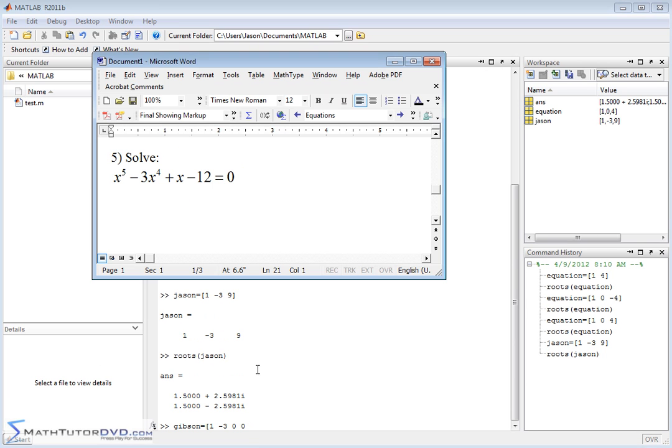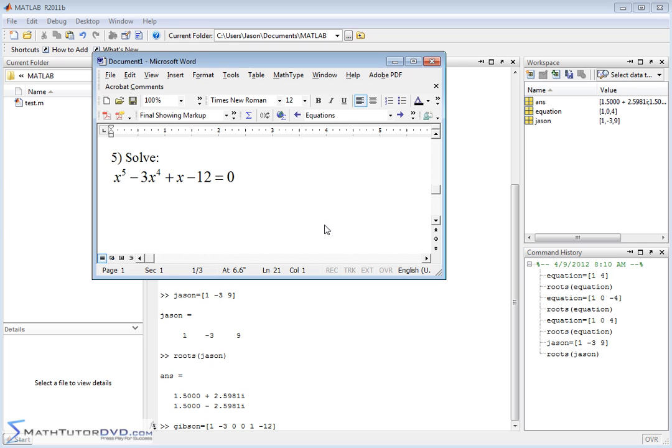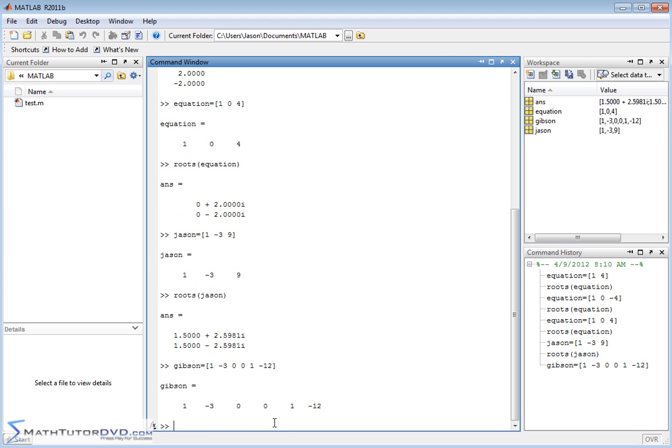And then finally there's 1x and then minus 12, so 1 minus 12. And make sure you understand how we arrive at this, because it's really the most important part of everything we're doing here. 1x to the 5th minus 3x to the 4th plus 0x cubed plus 0x squared plus 1x minus 12. So I have to put zeros everywhere where we need that.